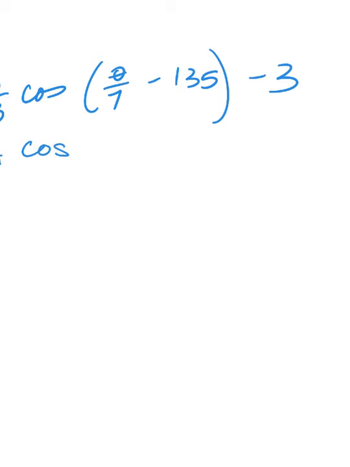We have 1/3 cosine of theta over 7 minus 135 minus 3. And if I put the formula down, it's going to be k theta minus c plus d, right?